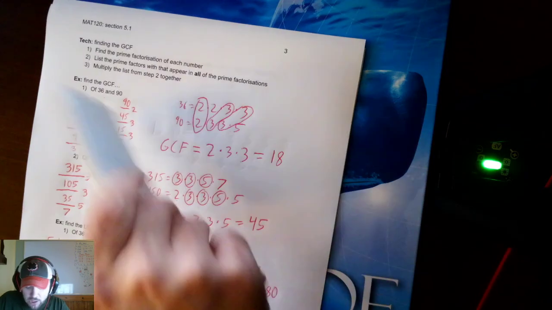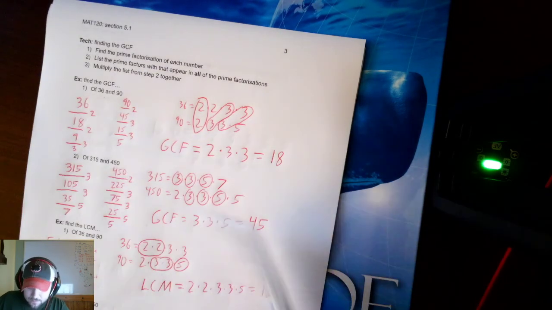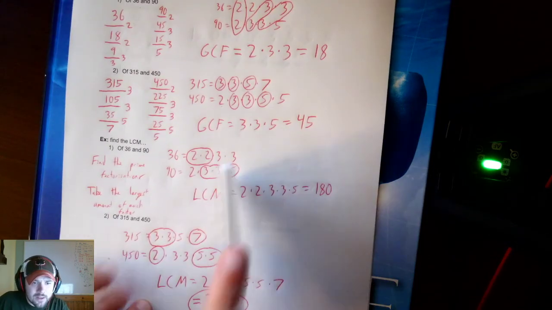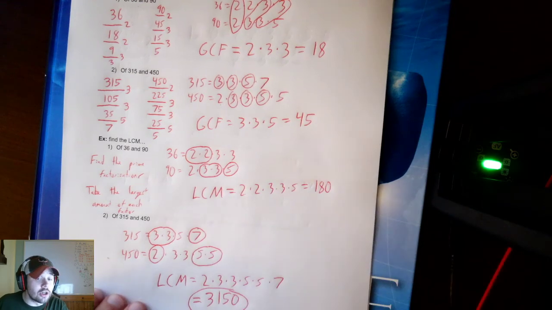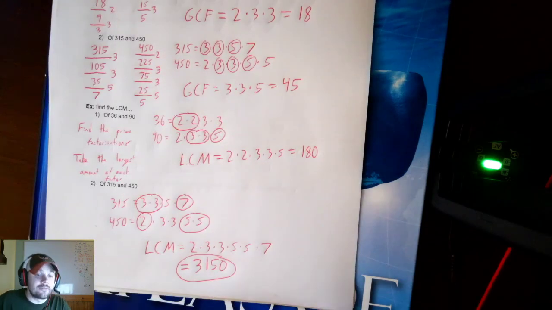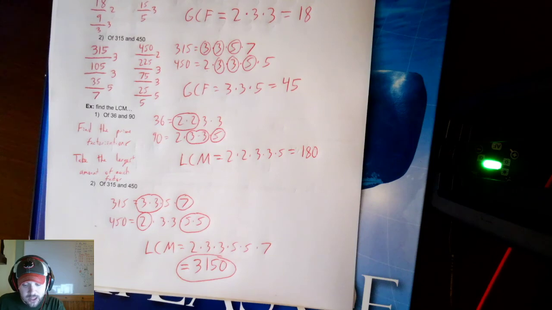Notice we got smaller numbers than we started with. Should make sense. They're divisors, they're factors. They should be smaller. Then for LCM, we took the largest occurrences. Notice we got bigger numbers than we started with, which once again should make sense. We're looking for a multiple. It should be larger than what we started with. So that's GCFs and LCMs.